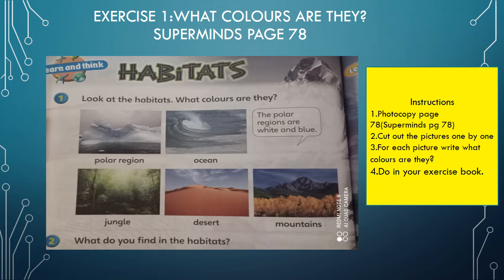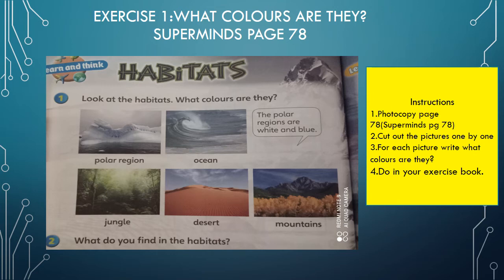Cut out the pictures one by one. And for each picture, write what colors they are. You may refer to the video and my explanation earlier given to you. And do it in your exercise book.